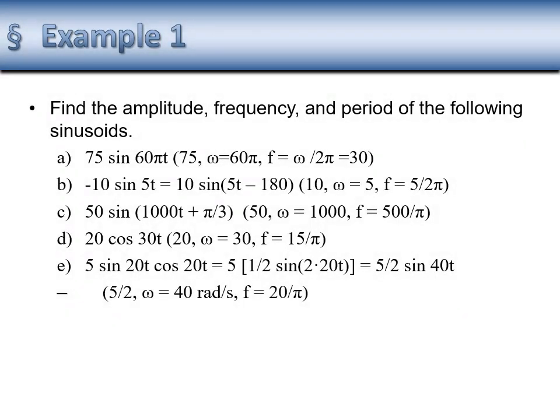So let's have some examples to have a good grasp of what a sinusoid is. Here we're asked for the amplitude, frequency, and period of the following sinusoids. Let's go over these examples.